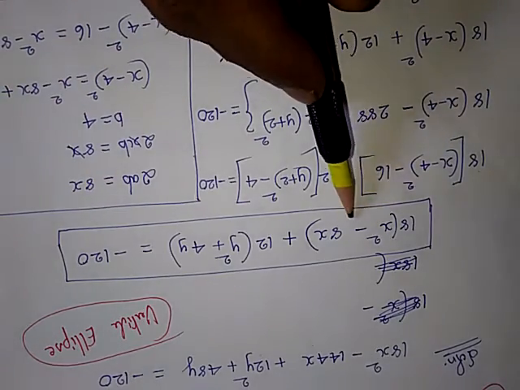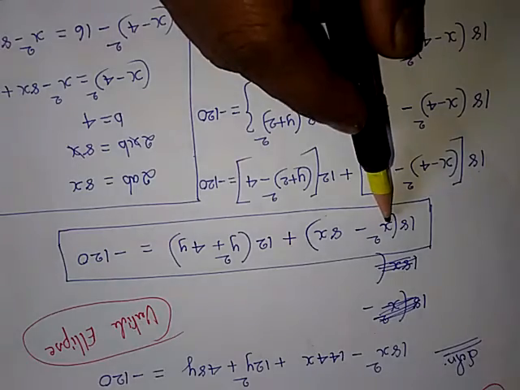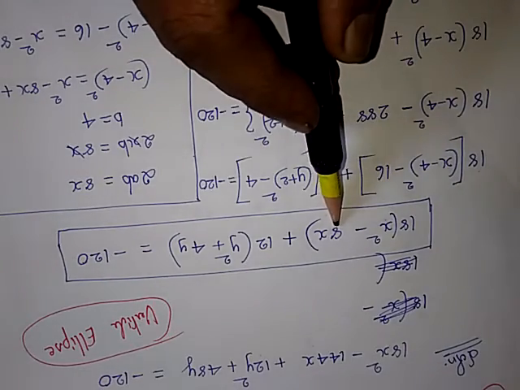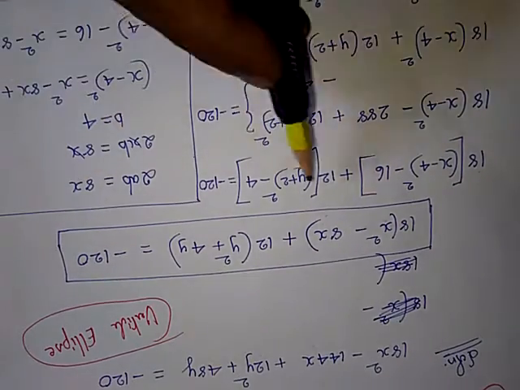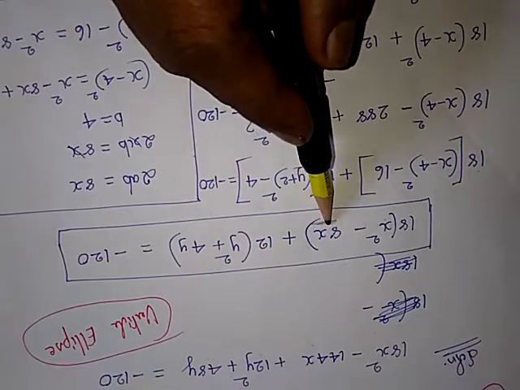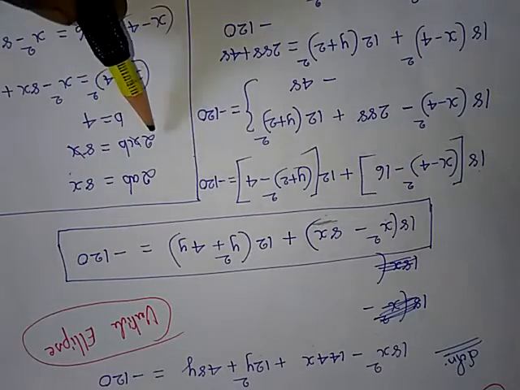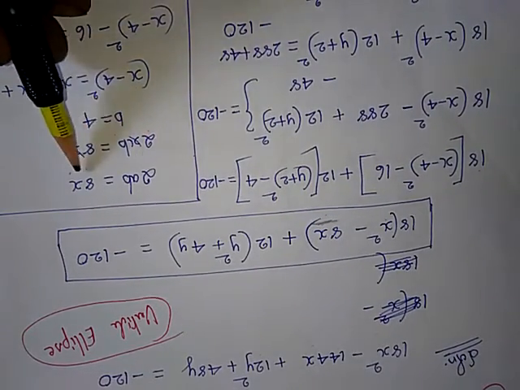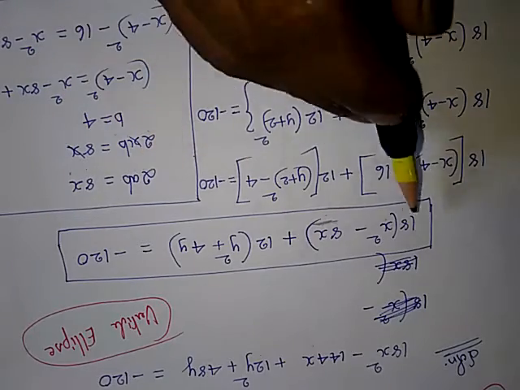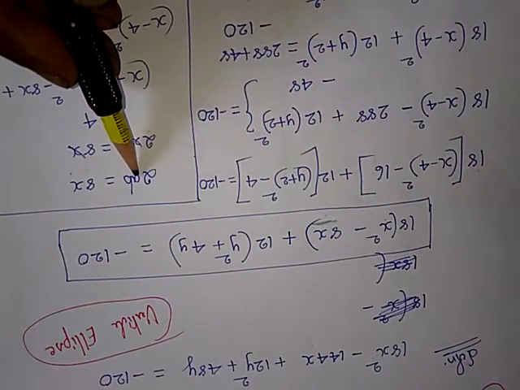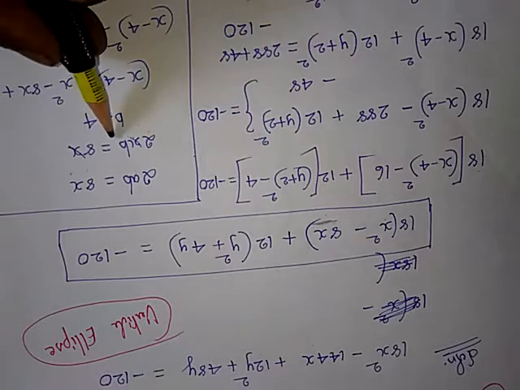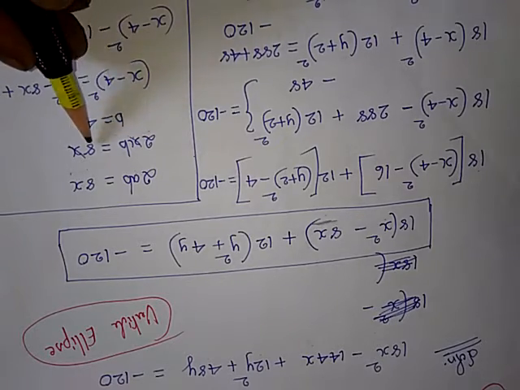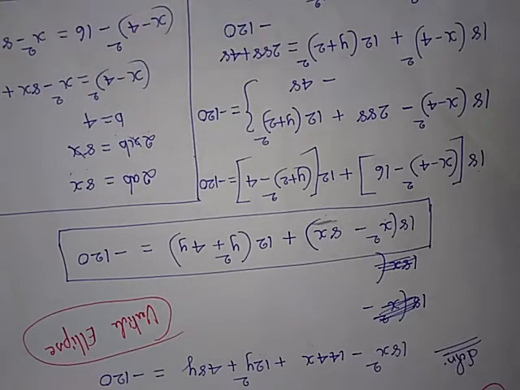Here x squared minus 8x. So x you leave it. In the place of 2ab you have 8x. So 2ab is equal to 8x. In the place of a you have x. You substitute x, 2b is equal to 8, x gets cancelled. 2b is equal to 8, b is equal to 4.